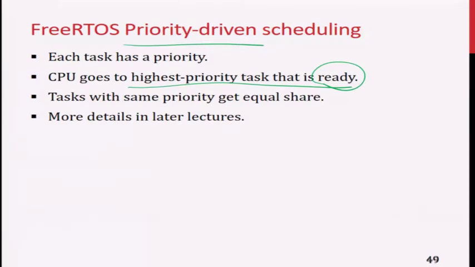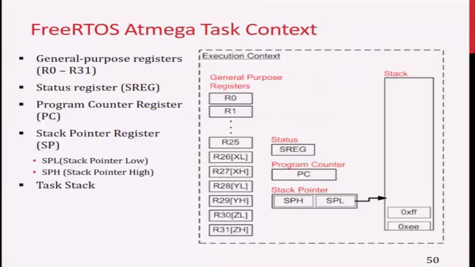So that is how the FreeRTOS will make a decision. If I have a lot of tasks at the same priority and they are all ready, then it will do its own internal time slicing. If I have a few tasks that are all having the same priority and all are ready at the same time, then I will do time slicing internally to give equal share to everybody. So again, we will be covering more details along the way.